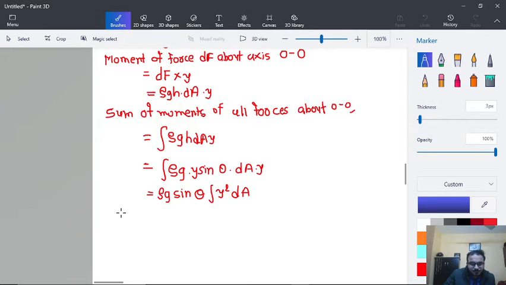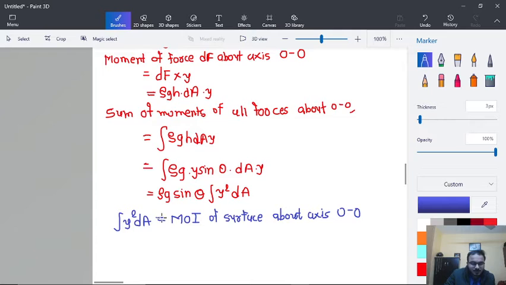Here integration y square dA is equal to moment of inertia of surface about axis OO.